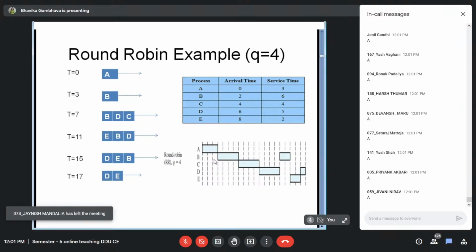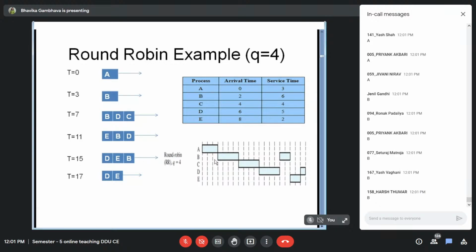A. In the third one, B. Yes, in the third one, B. Then in the fourth one, A. Then in the fifth one, B or C.